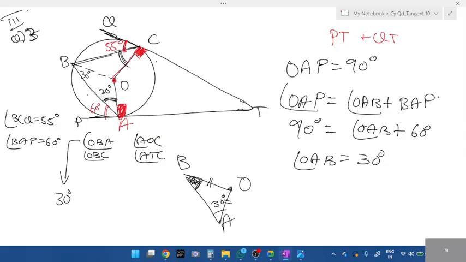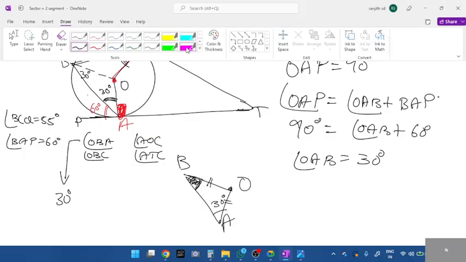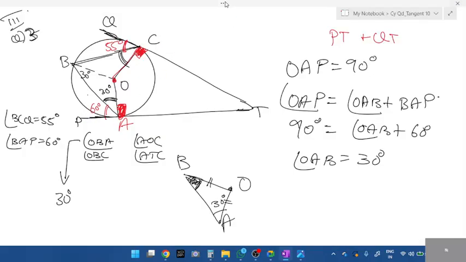According to the straight line theorem, if OCT is 90 degrees, OCQ is also 90. So if you want, I'll draw the straight line using the green one. Okay, straight angle. 90 and 90.